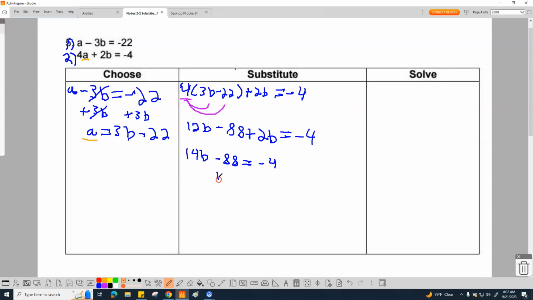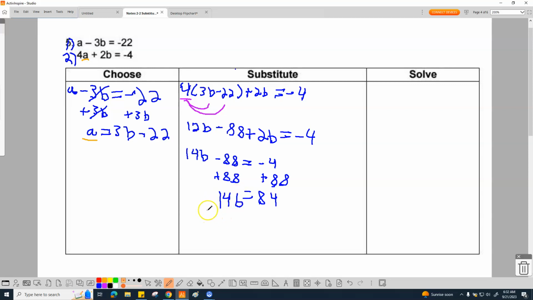I'm going to add my 88 to both sides. Negative 4 plus 88 is 84, equaling 14b. That looks like 146. 14b.